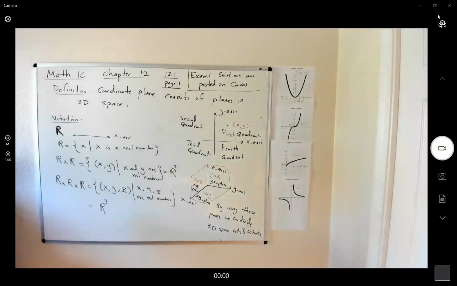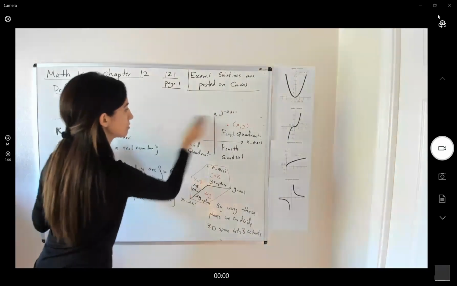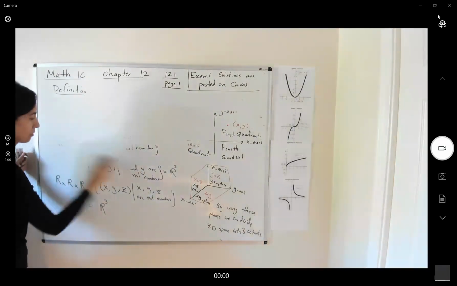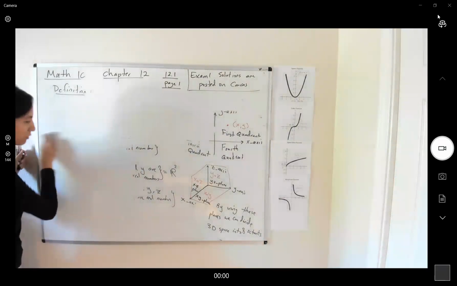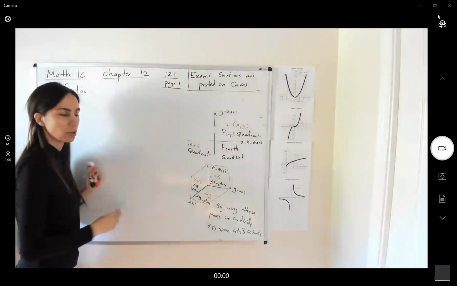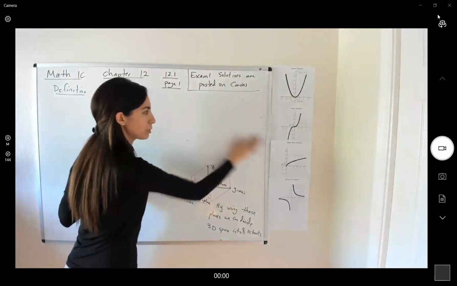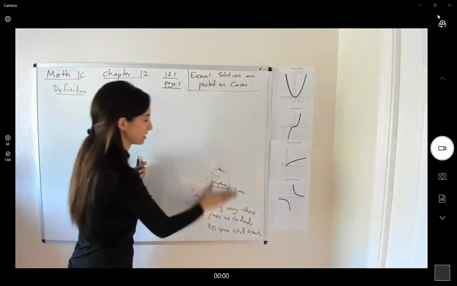Another note for you. When you are working with graphs of functions in two-dimensional space, we usually refer to them as curves. And in three-dimensional space, we call them surfaces.